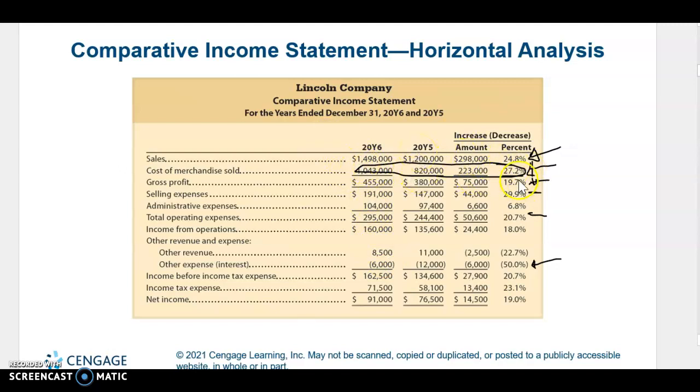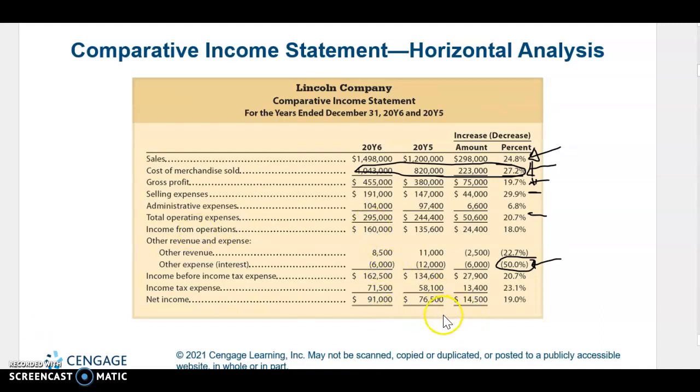And so we would look at those more closely than some of these smaller expenses. So when you look at this 50%, yeah, we went down, but it's only by 6,000. We went from 12 to 6,000. So that is really not, even though it is a big percent change, when you're looking at the overall income statement, these are small numbers. So we're not going to look at those as closely as some of our bigger numbers.